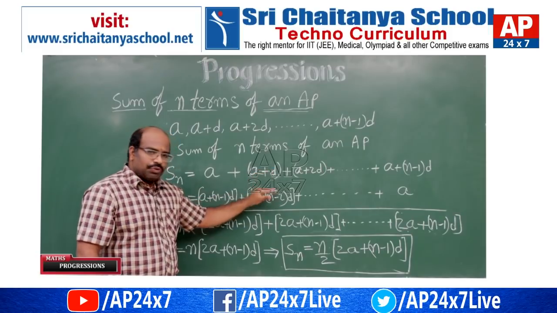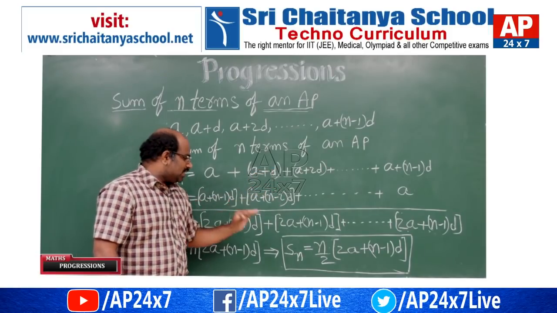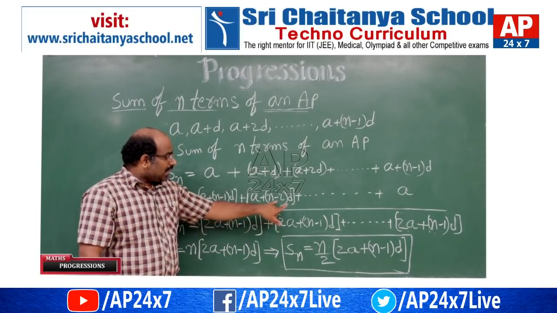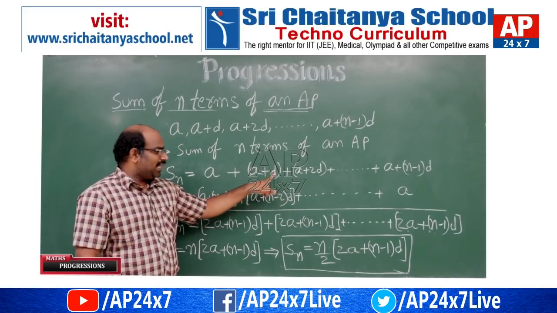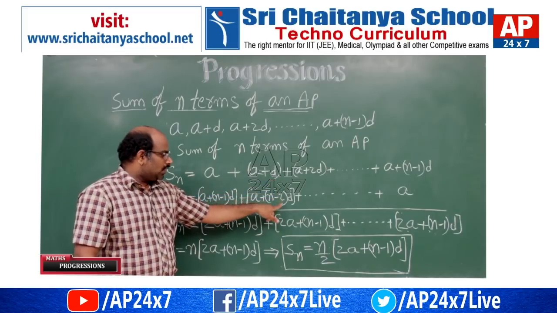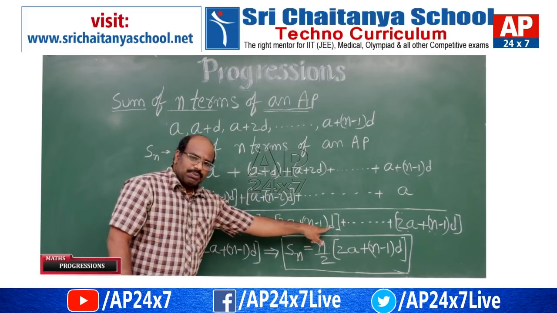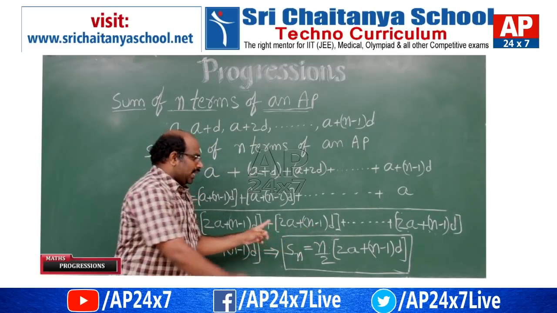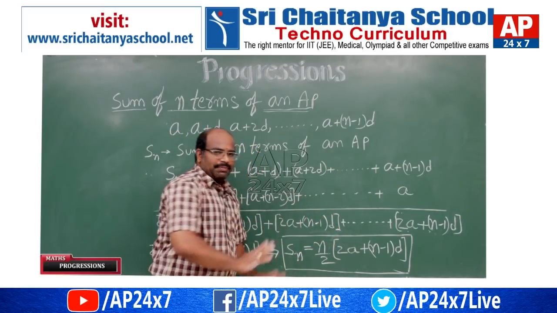By adding these two values, what is the final resultant value we will get? A plus a is 2a, here n minus 2 into d, here 1d again additionally there. So, the entire value is 2a plus n minus 1 into d. Again, keep the value in the square bracket.